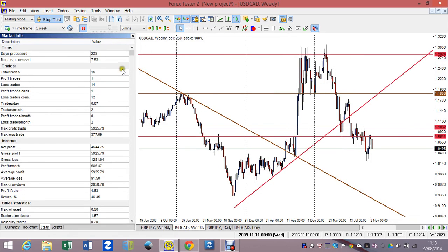Let's just have a look at the overall results then. So a total of 16 trades. Only one was profitable. 14 losses.